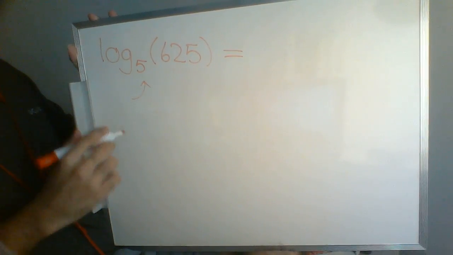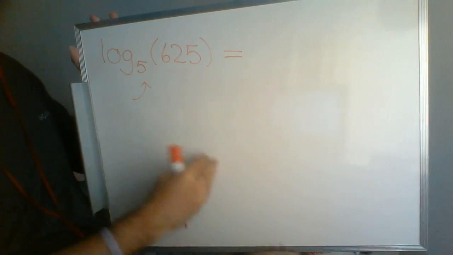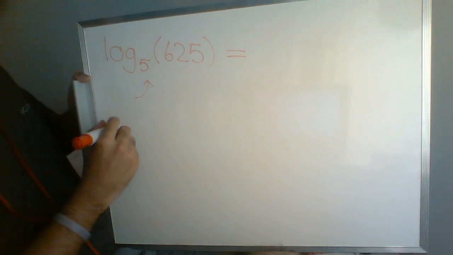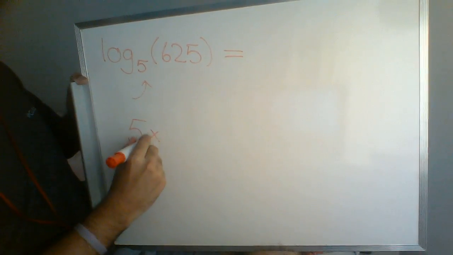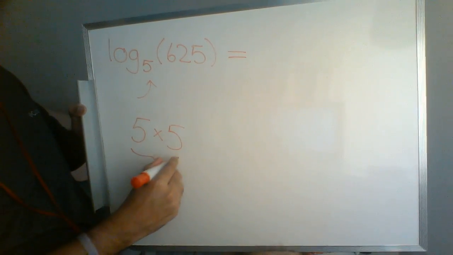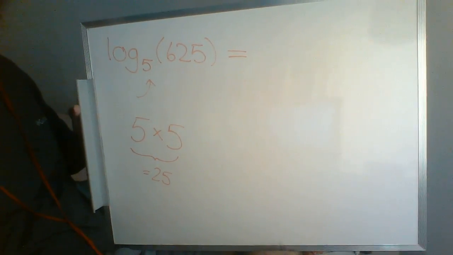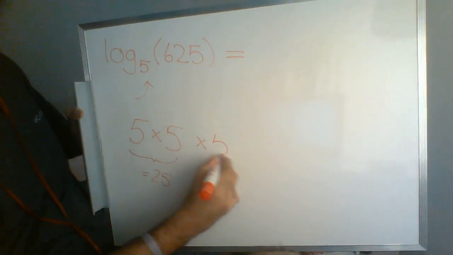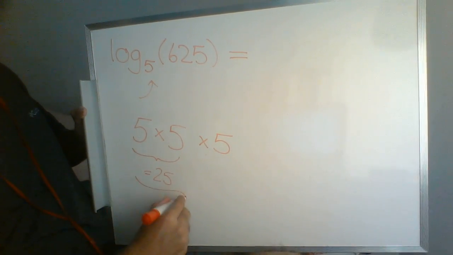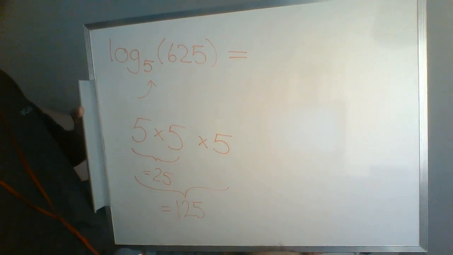We know we're dealing with base 5, and we're multiplying some number of 5s together to try and get 625. We start with 5 times 5, which is 25, but that's not nearly big enough, so we throw in another 5. 5 times 5 times 5 equals 125.